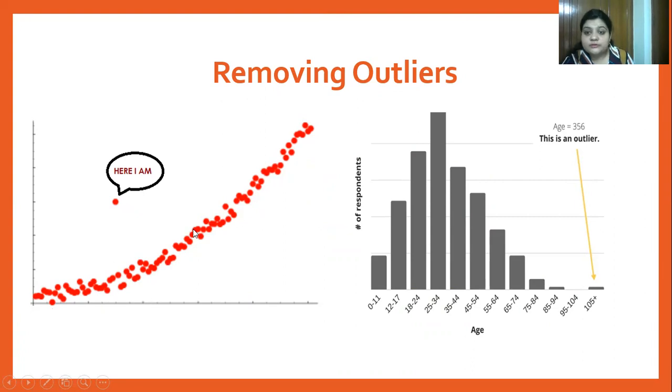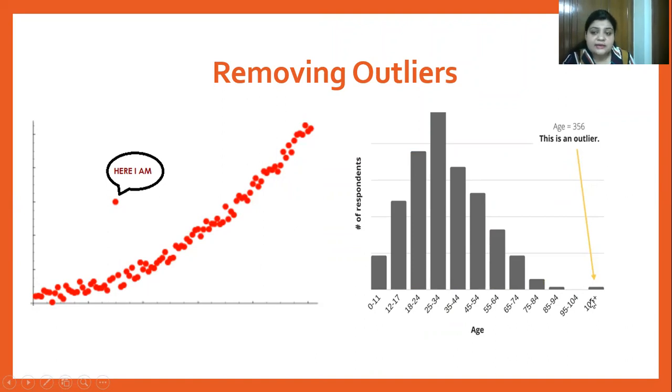Suppose we are gathering data in the form of a feedback form and we have asked to enter the age of all respondents. After collection of data, we can see that the maximum number of respondents are from the age group of 25 to 34, followed by many other age groups.